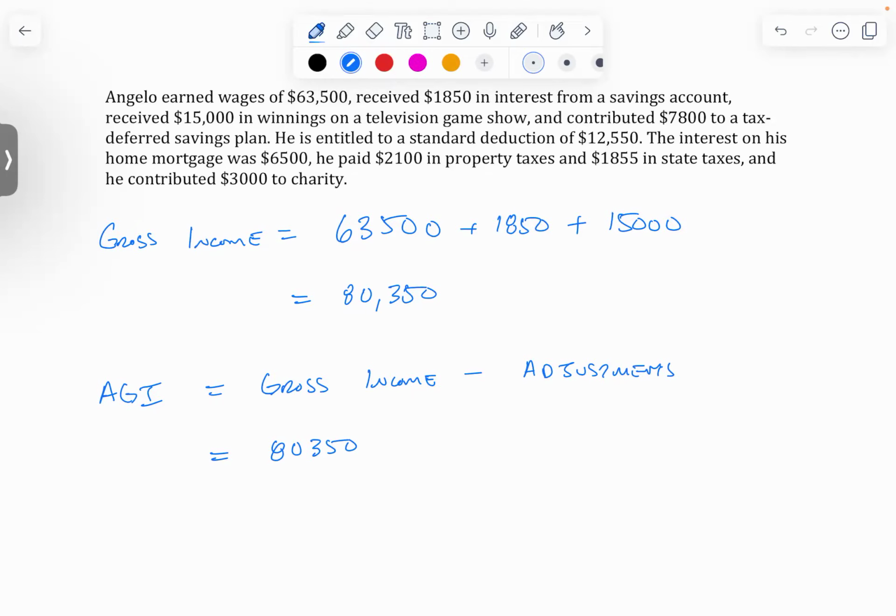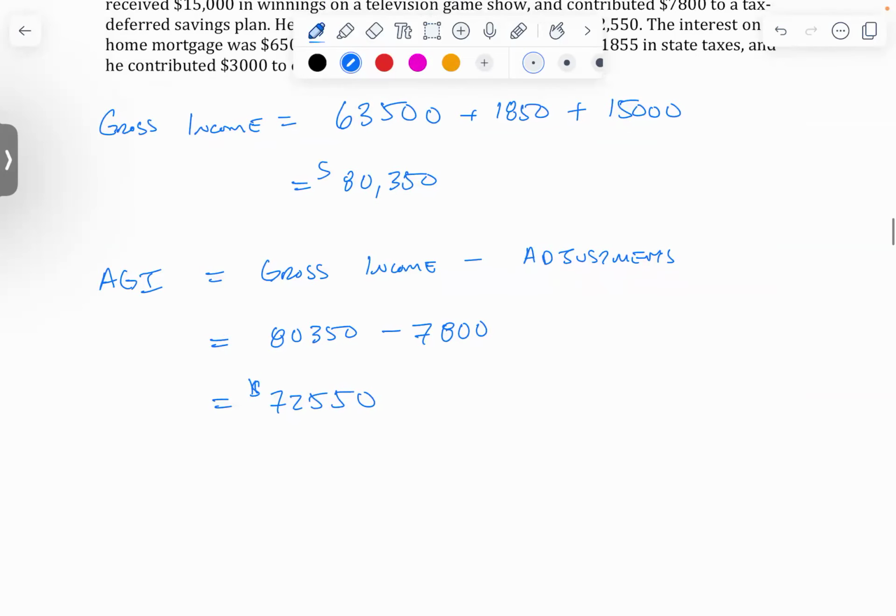And this is what you would pay into your IRA and things like that, your retirement. So at this point, just has this $7,800. So that gives us, all right, now we're at our AGI.